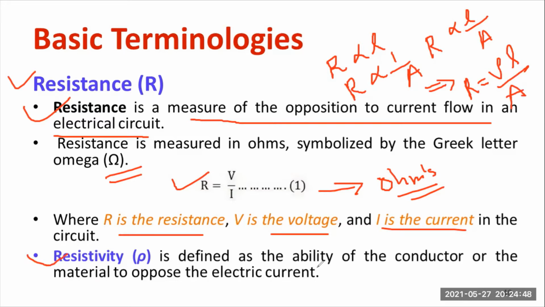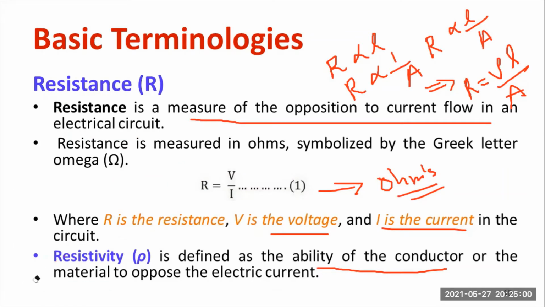It is defined as the ability of a conductor or a material to oppose the electric current. That is called resistivity. I will be deriving this equation separately. So that is the importance of resistance.